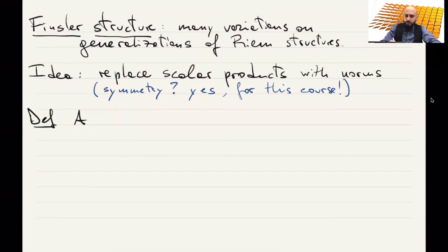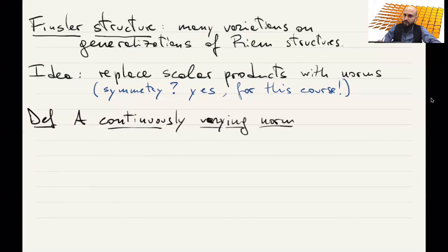I will call a continuously varying norm on a manifold M a function.